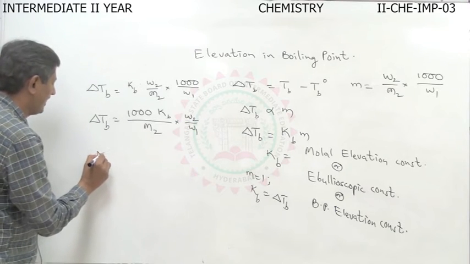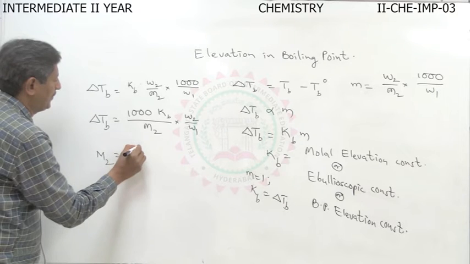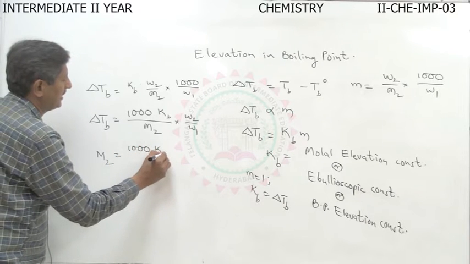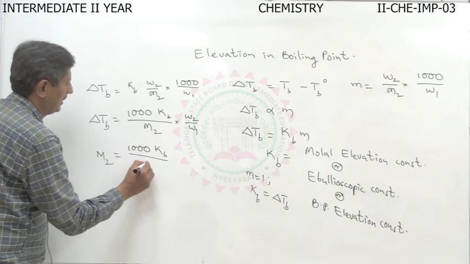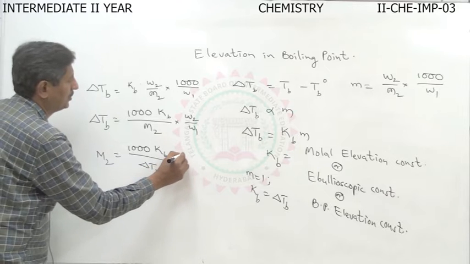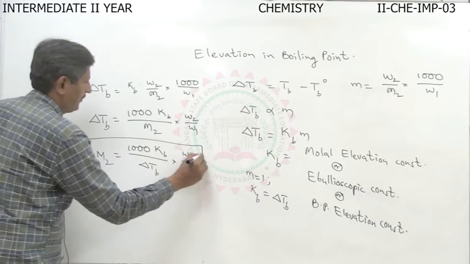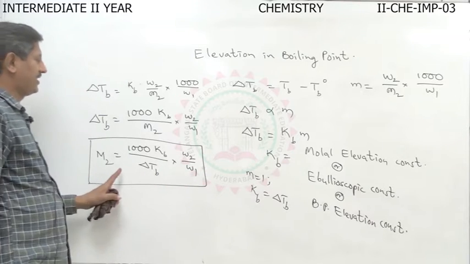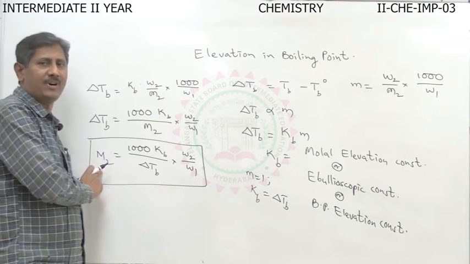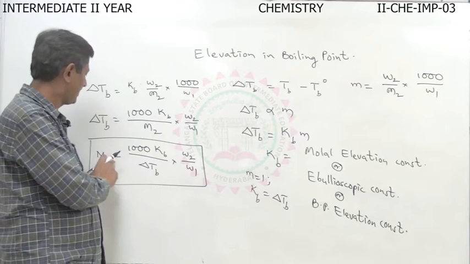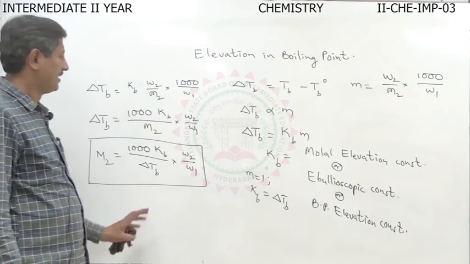Therefore, we can write M2 is equal to 1000 KB W2 by delta TB W1. From this equation, we can calculate the molar mass of the solute. Right?